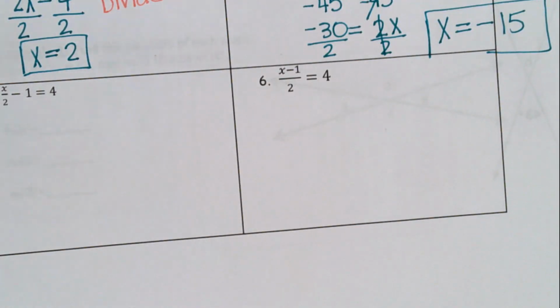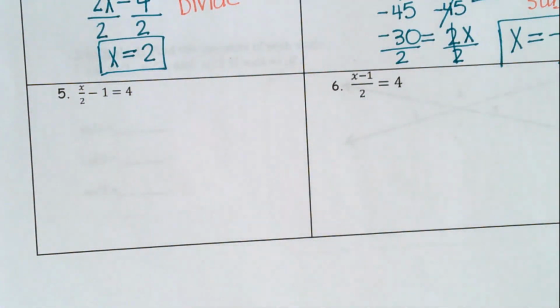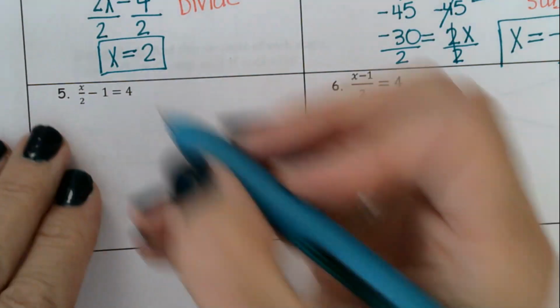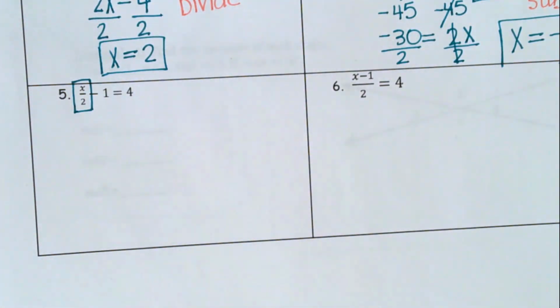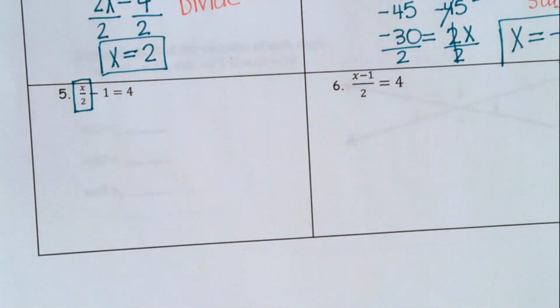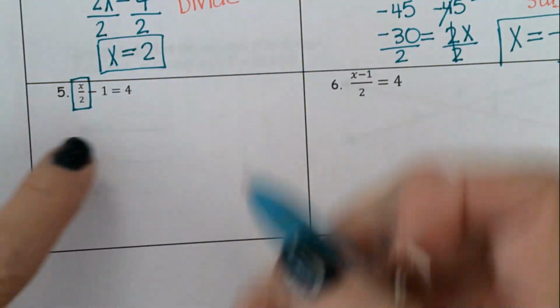Okay, this one. These two look scary, but they're not. I need a thing of water. Sorry. Put an X. Put a fence around your X. Okay, so what is the opposite of negative 1?